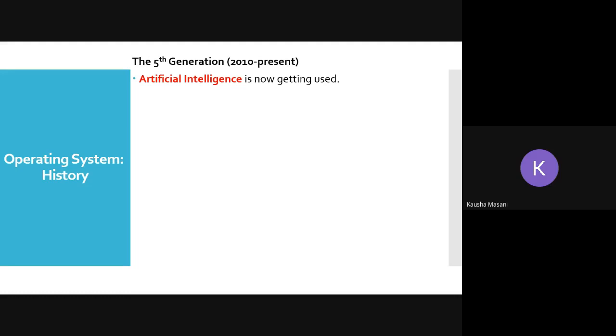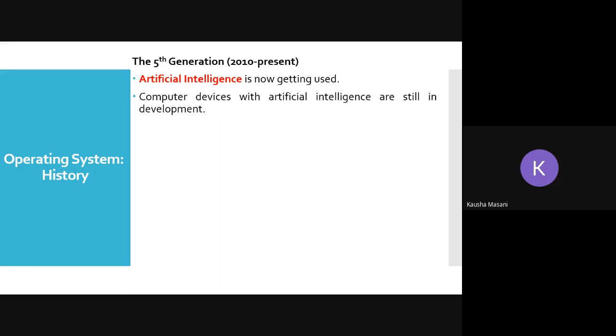So the present generation, that is the fifth generation, which started from 2010 and is presently going on, is using AI, that is artificial intelligence. Although you cannot say that computer devices are completely developed into artificial devices or using complete artificial intelligence, yes, we are using AI in some of our applications and programs.